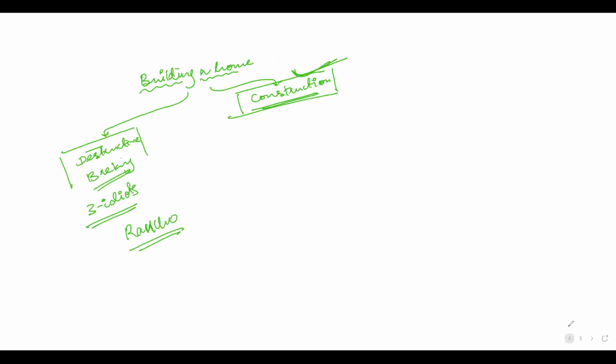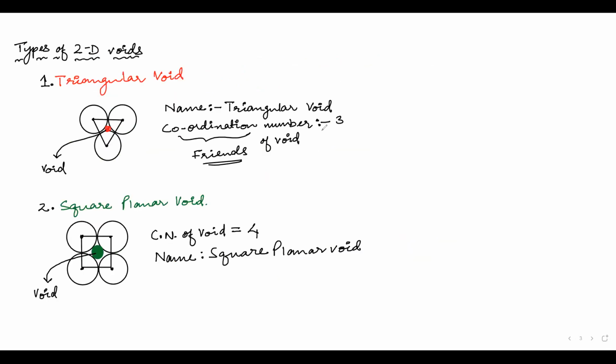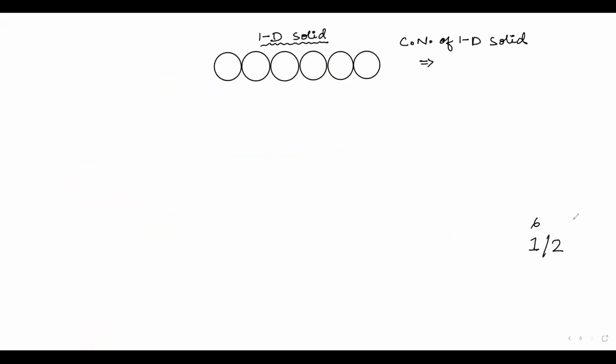While Amalya and Sania are answering, let us check the definition of coordination number. Coordination number you can define as what? Friends. Now we were looking at coordination number of voids, that is friends of voids. Here we will be looking at coordination number of an atom. When I say 1D solid, I am asking about the coordination number of an atom of a 1D solid.